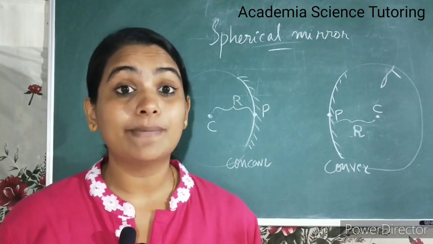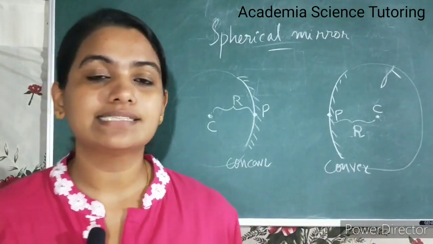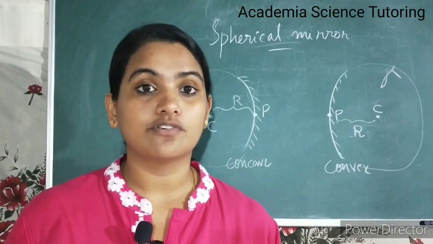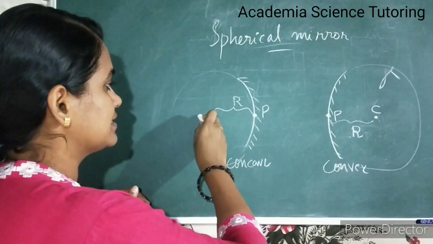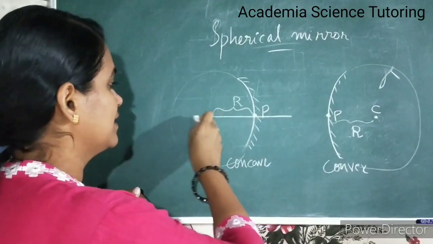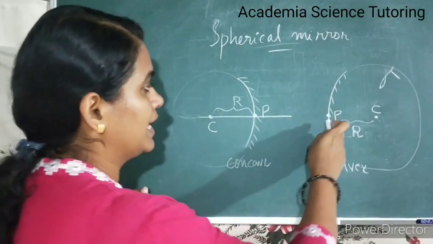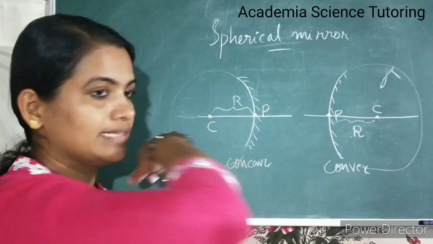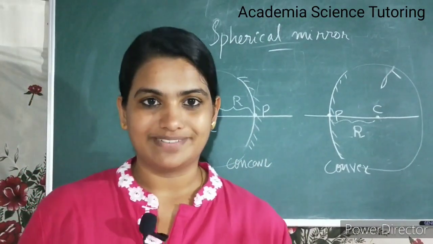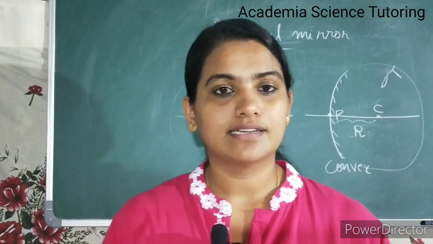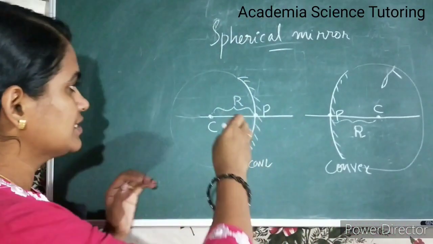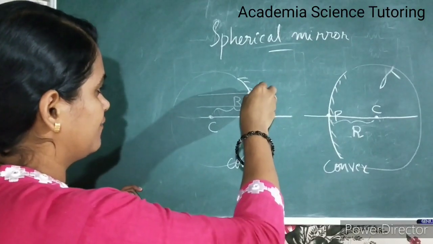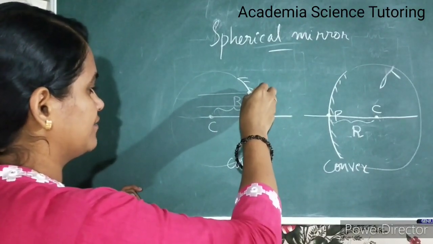Next we have the principal axis. Principal axis is the straight line connecting the pole and the center of curvature. So the principal axis, this one. This is the principal axis, that is the straight line connecting the pole and the center of curvature. The next term is the focus. What is a focus? Suppose light rays are coming like this. It gets reflected back at the reflecting surface.